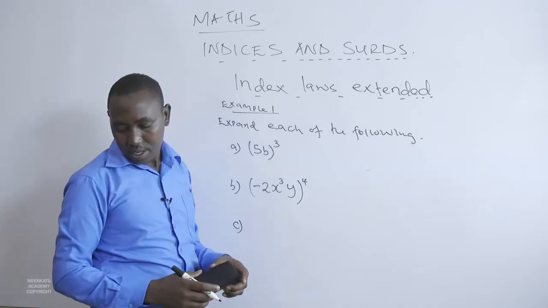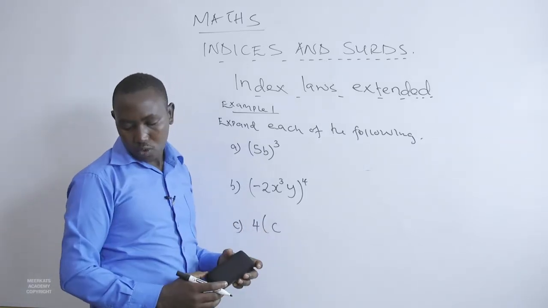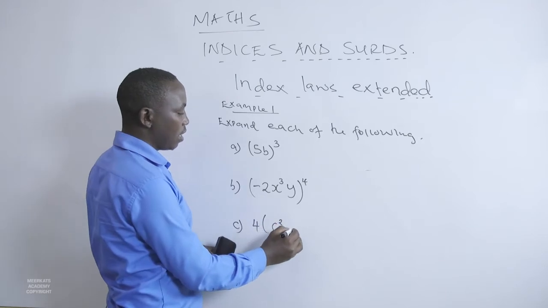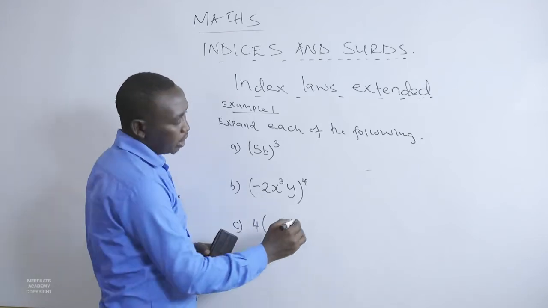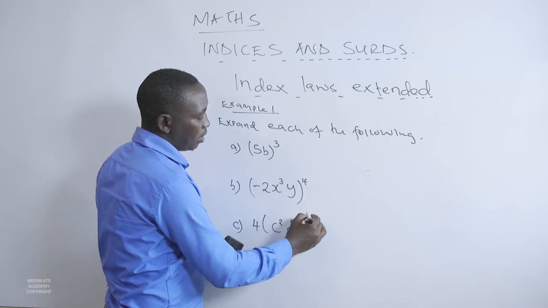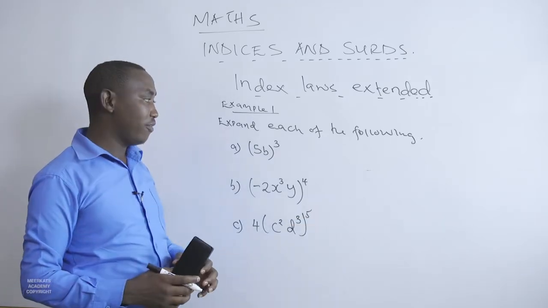And number c, we have 4 into c squared d cubed, the whole of it raised to the power of 5.